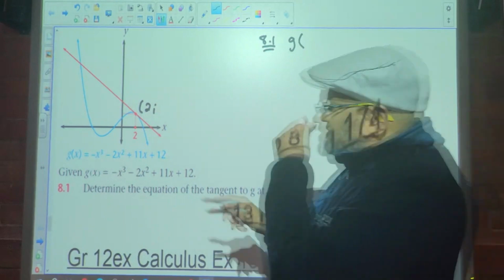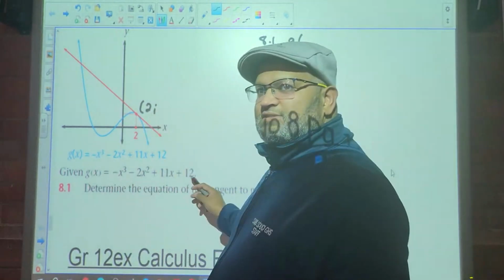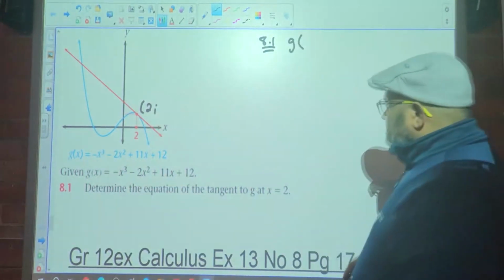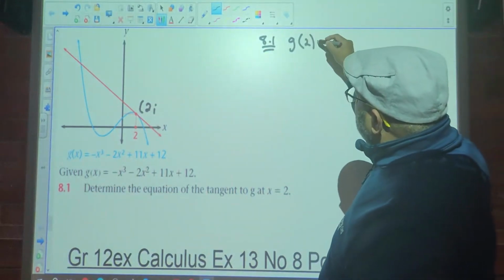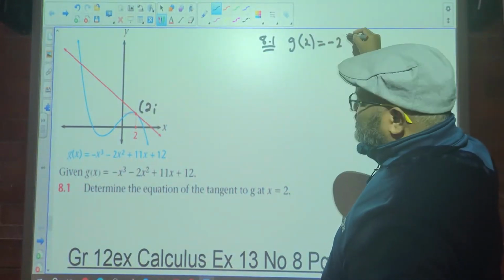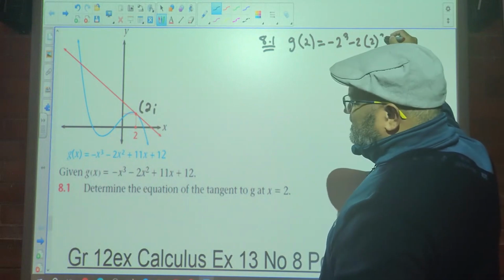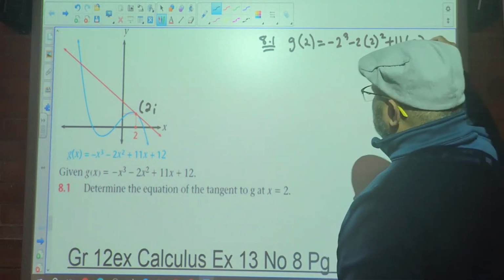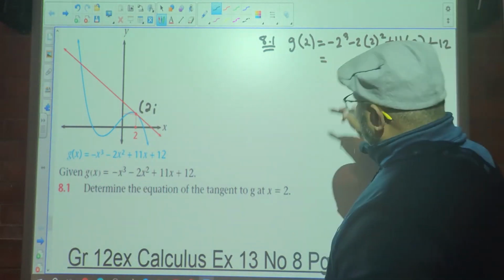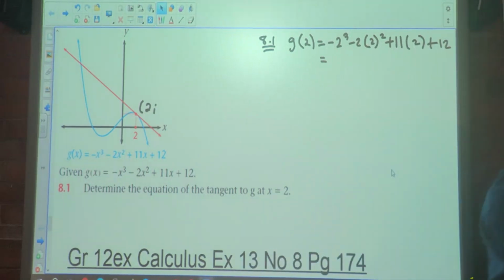So what we do is we substitute 2 into g of x. g of 2 is equal to negative 2 cubed minus 2 times 2 squared plus 11 times 2 plus 12. Let's just get a calculator quickly.